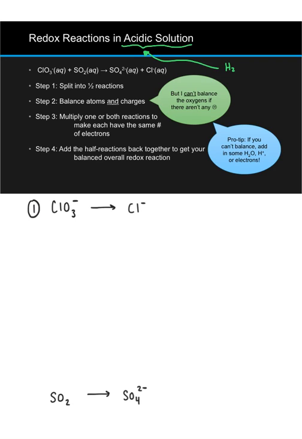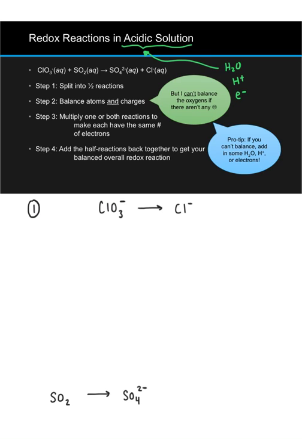Those three substances are water, H+ cations, and electrons. In a reaction that occurs in acidic solution, if we ever need to balance oxygens, we can include some water in our half reaction to help us out. So let's do that here. Let's add in some water to help balance oxygens.